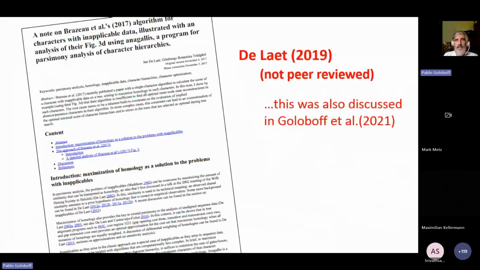This is exactly what Delahaye responded in 2019 in a paper which was not peer-reviewed. He gave examples of that. And we also gave examples of those problems with Brassot et al.'s methods in our paper in Goloboff et al. 2021.